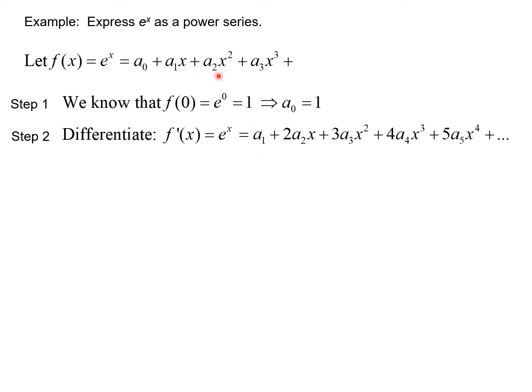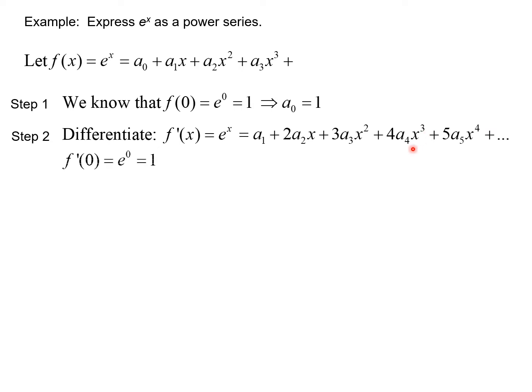Differentiating a2x squared will give you 2, because the power from x squared is brought in front, so 2a2x. When you differentiate a3 x cubed, a3 is a constant, so you maintain the a3 there. Your focus is just differentiating the x cubed, so it becomes 3x squared. So you'll get 3a3 x squared and so on. If you have a4 x^4, a5 x^5, when you differentiate, it will be written in such a way.